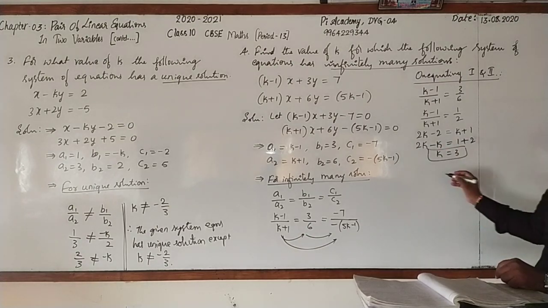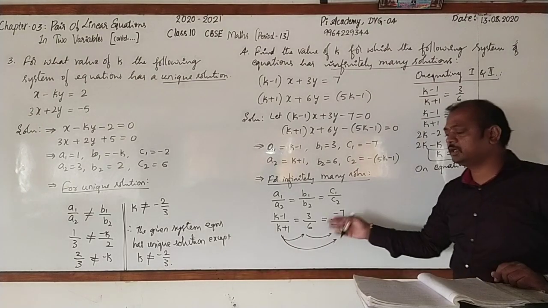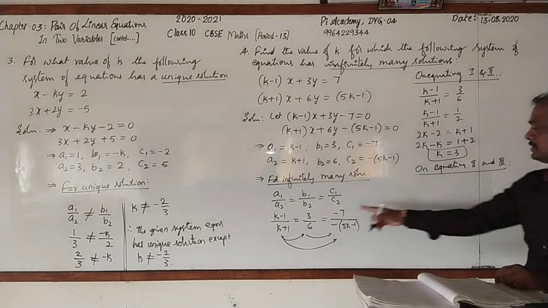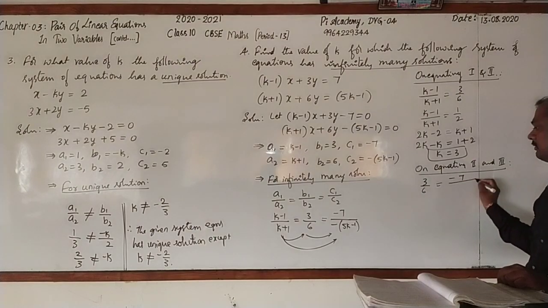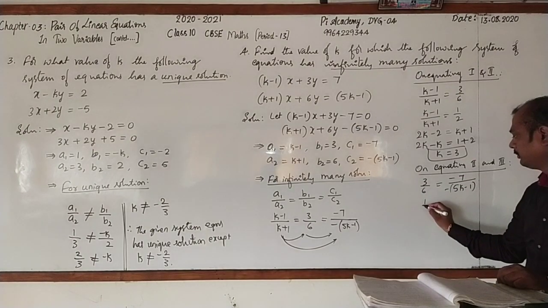Followed? Next, on equating second and third. See that it is 3 by 6 which is equal to minus 7 by minus of 5k minus 1. Minus half. Here 1 by 2.